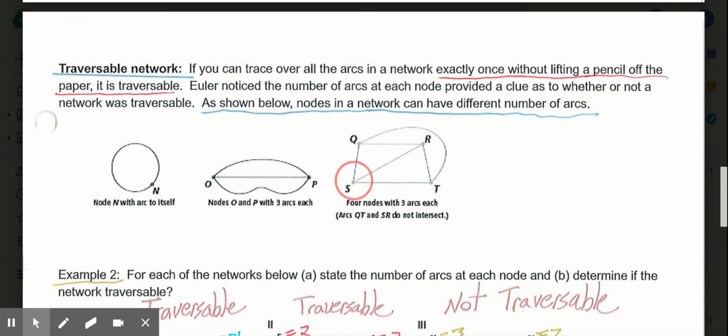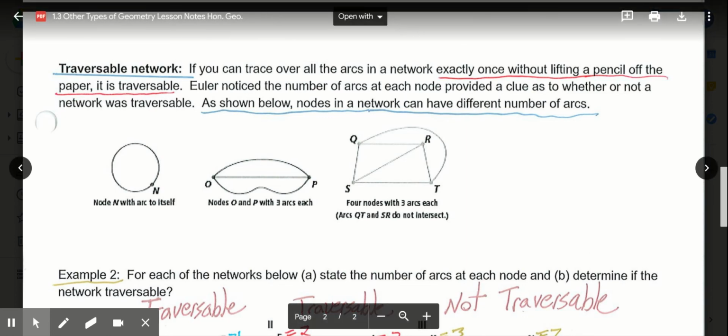If we look at this, S to Q, there's one arc connecting both. Q to R, well, where's the third arc that touches Q? It's this one that curves around from Q to T. So Q has 1, 2, 3 arcs. R has 1, 2, 3 arcs. T, 1, 2, 3. And S, 1, 2, 3. So those are 3 different examples of networks with different numbers of nodes and arcs.